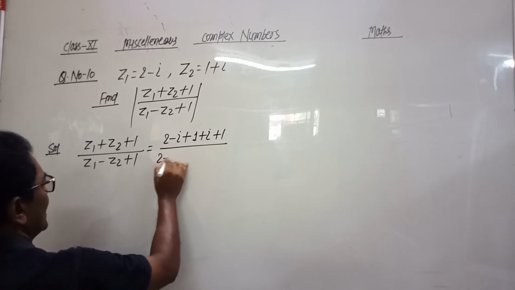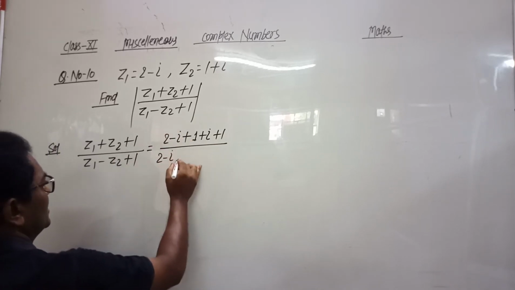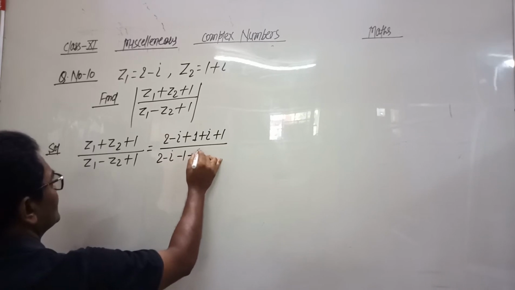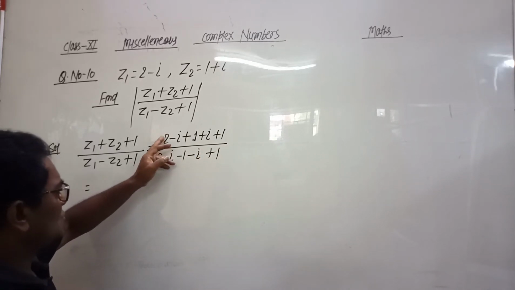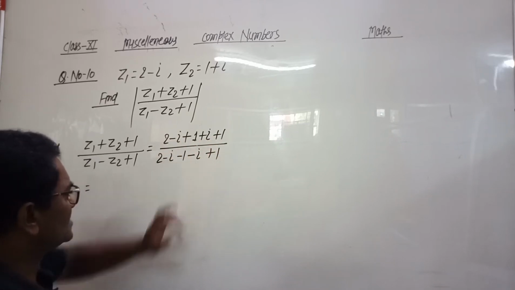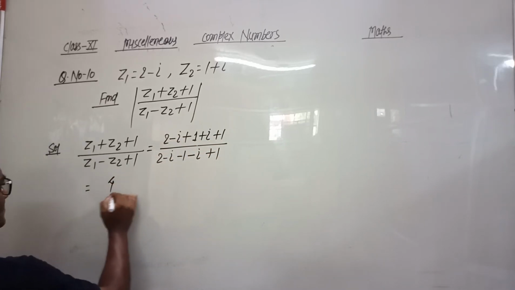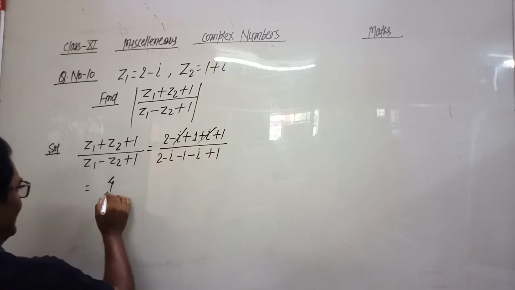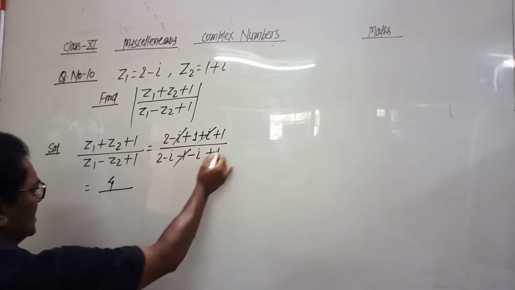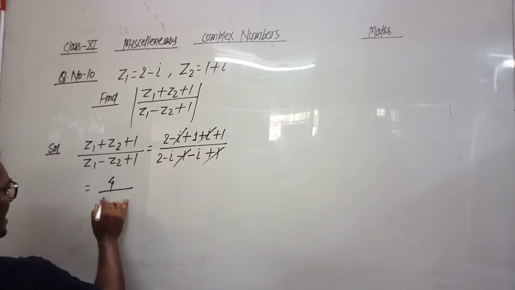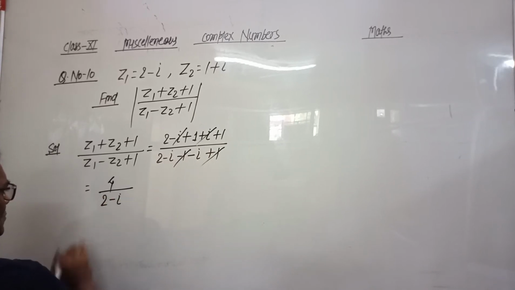Then 2 minus iota minus Z2 means minus 1 minus iota plus 1. So 2 plus 1, 3 plus 1, 4. Iota and iota get cancelled, and in the denominator 2 minus 1 plus 1 gives 2 minus iota.